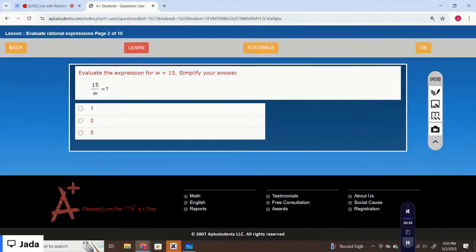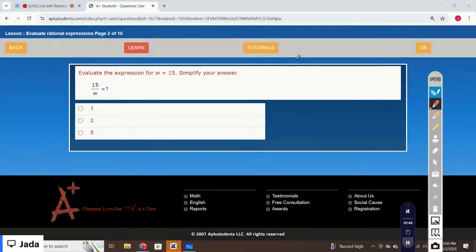Evaluate the expression for w equals 15. Simplify your answer. 15 divided by w. So replace the w with the value that is 15, so 15 divided by 15.